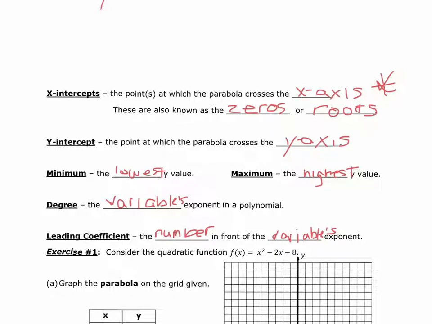Exponent. It's a V. I know that's hard to read, there you go. So the number in front of the variable's exponent.